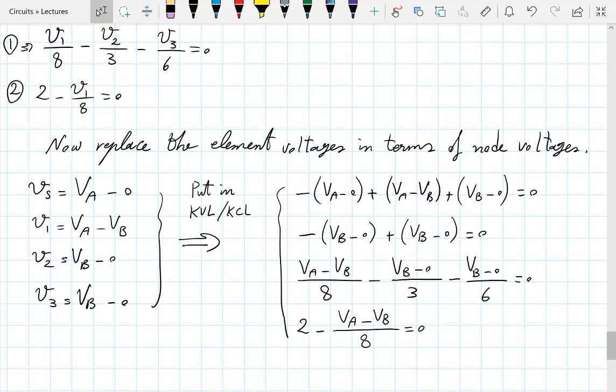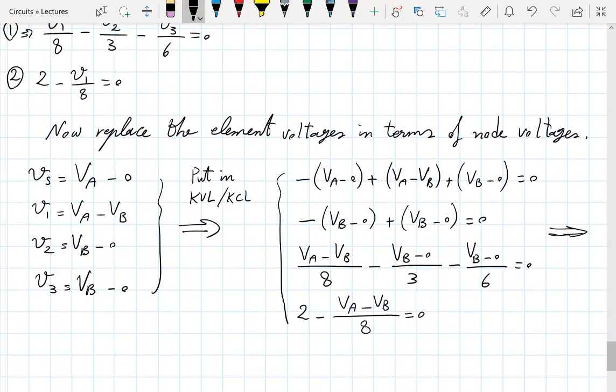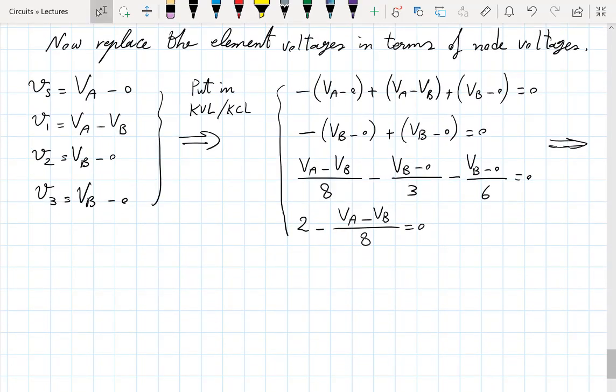Okay? Now let's just work on these equations and see what we get. What's the next step? Simplify. Carry out the algebra work. So what do I get from the first equation? Minus VA plus VA minus VB plus VB equals 0.